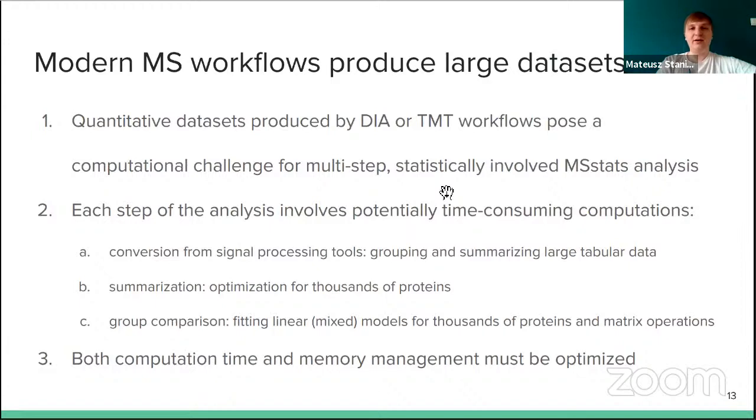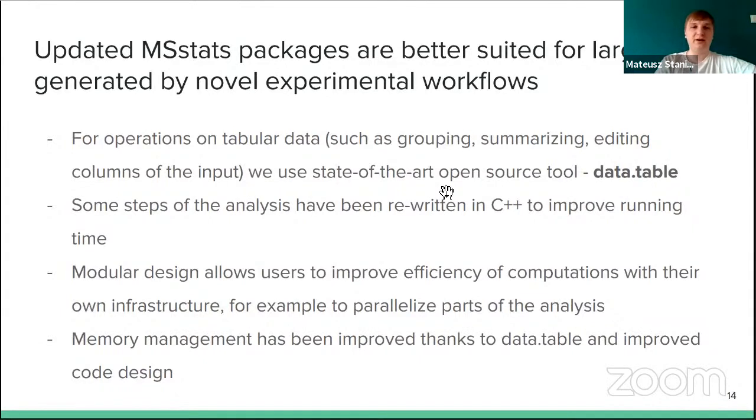So all of that together with increasing number of proteins, samples, and bigger data sets is computationally challenging. So we needed to take care of computational efficiency and also the memory management.